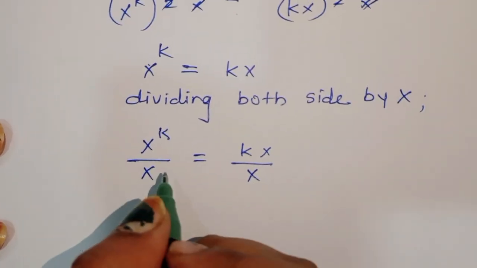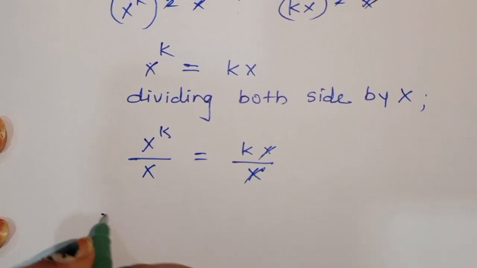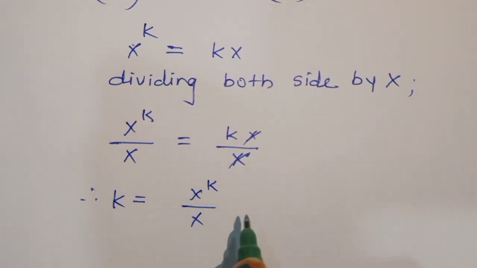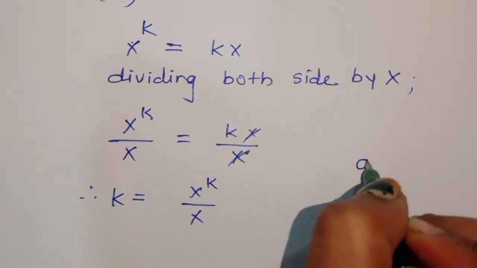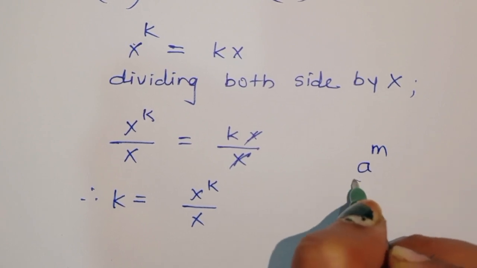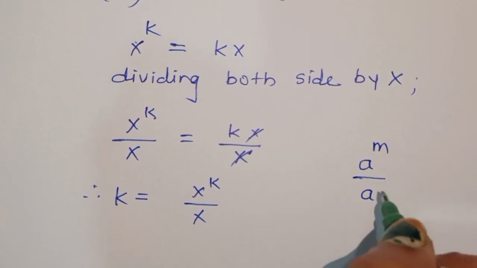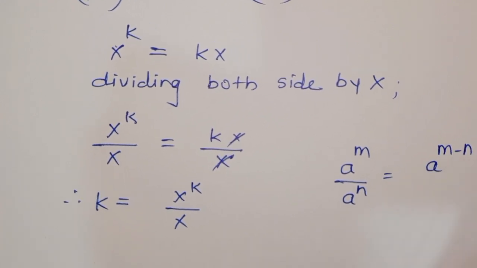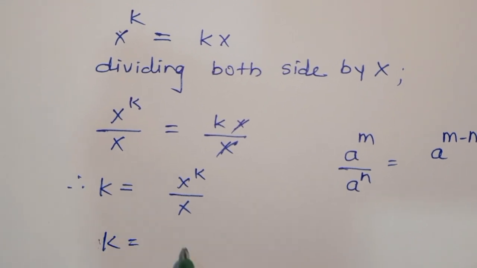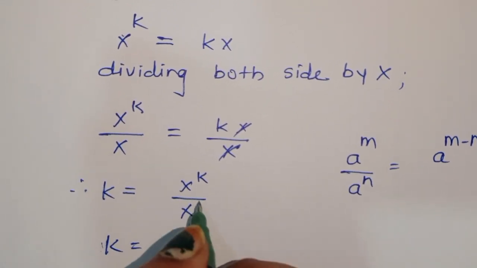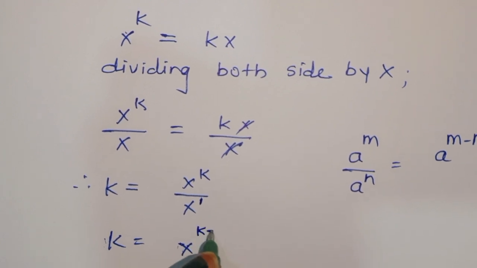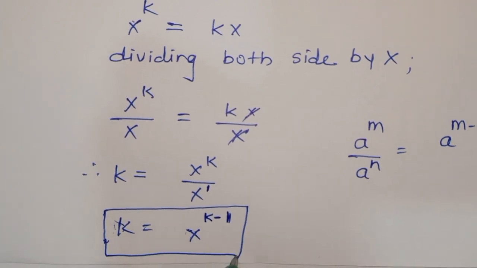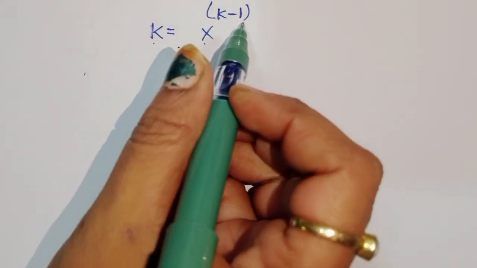Now we can cancel, so therefore k is equal to x power k divided by x. But we know the formula a power m divided by a power n is equal to a power m minus n. So we can write k is equal to x power k minus 1. This is the value of k here.